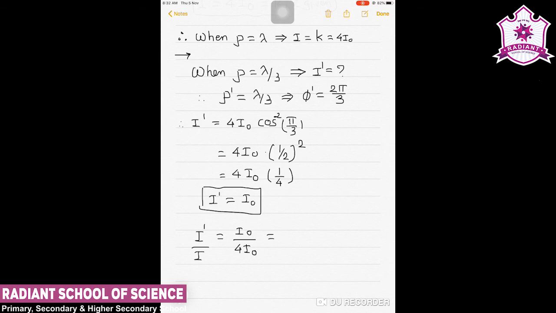So I dash is equal to 1 by 4 I, but I is given here as k, so I dash is equal to k by 4. So that will be the answer for the new intensity, that is k by 4. So this is the answer.